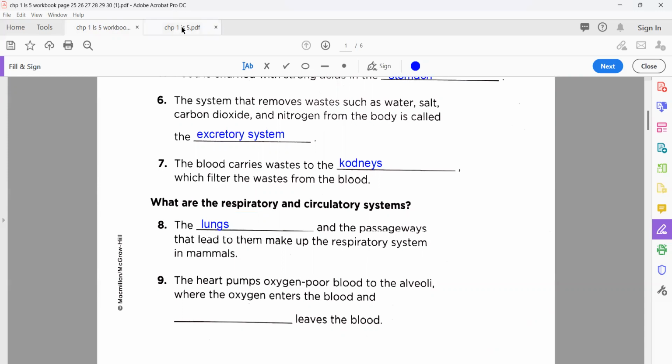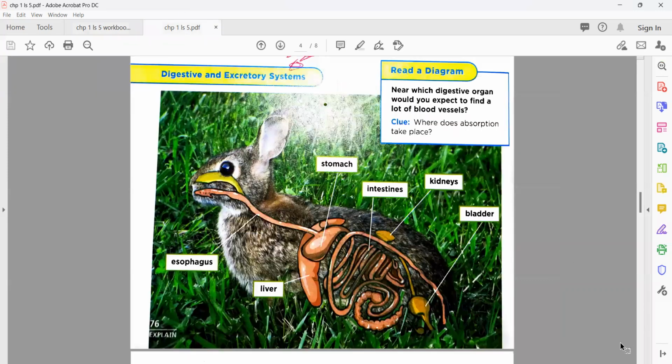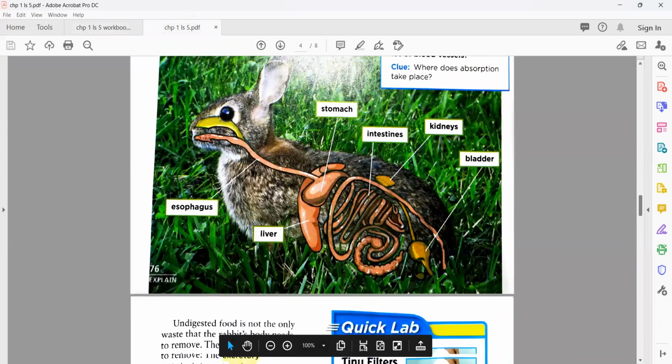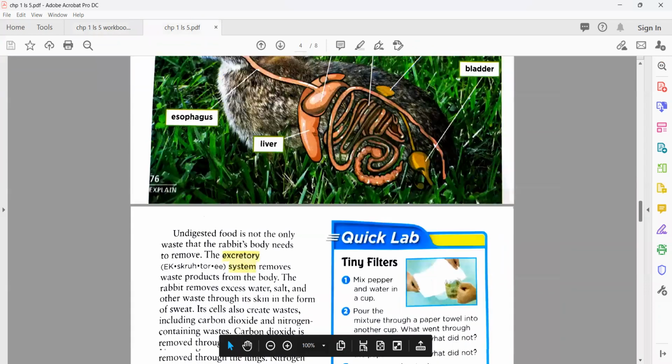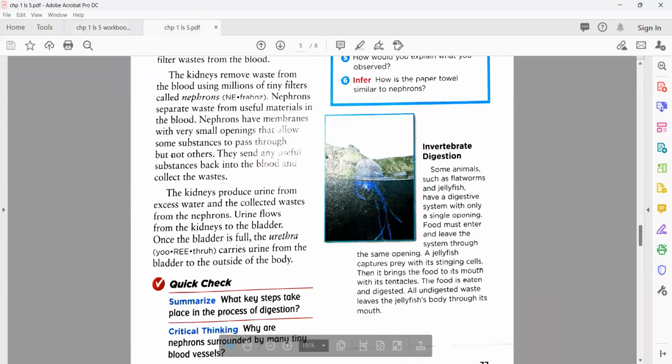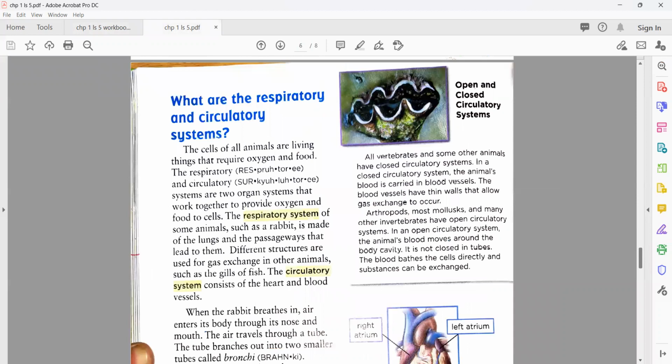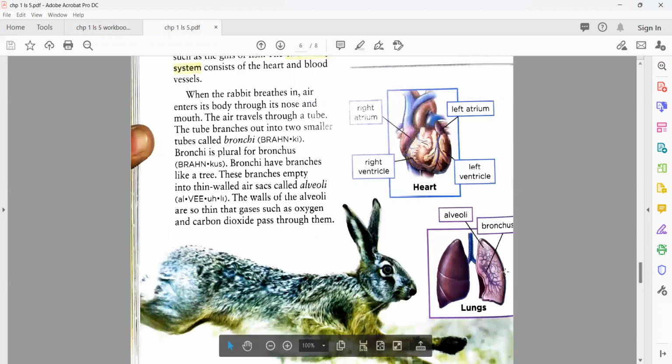Here you can see the lungs are present, and they do the main function of carrying oxygen. They take oxygen from the environment, the atmosphere.